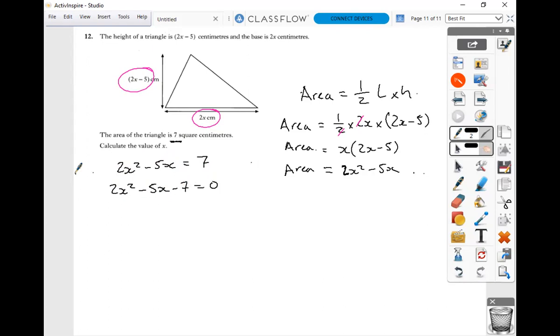Now, this was actually in the non-calculator paper. Okay, which tells me you should be able to... I'm just going to double check that. Is that in the non-calculator?